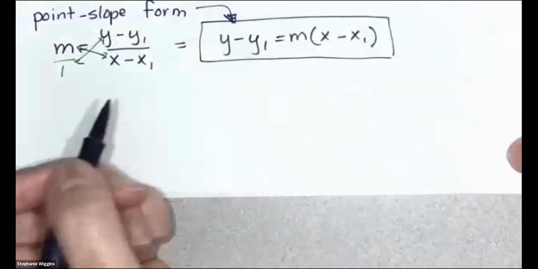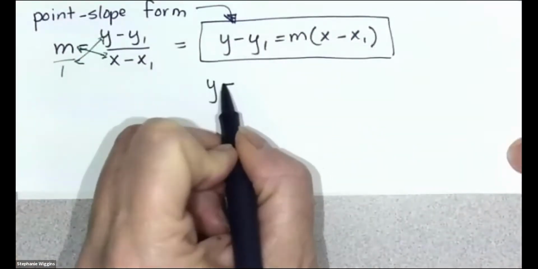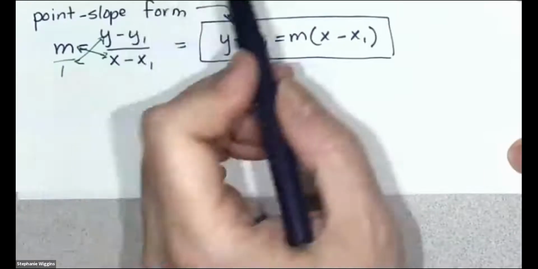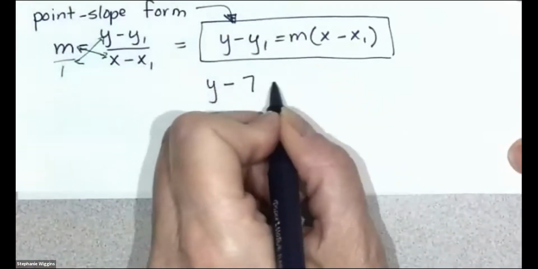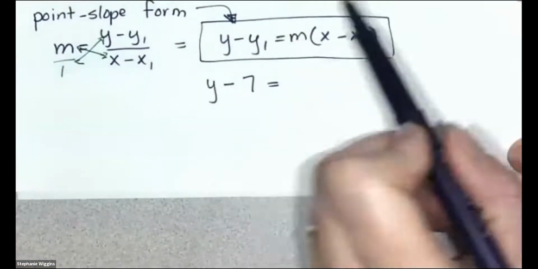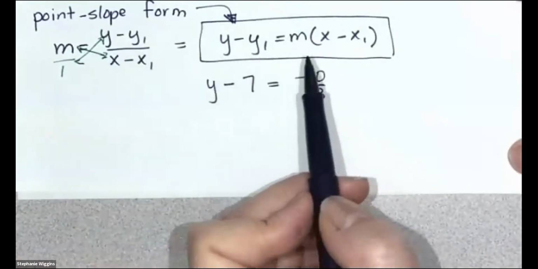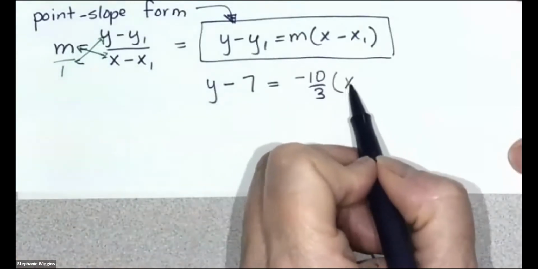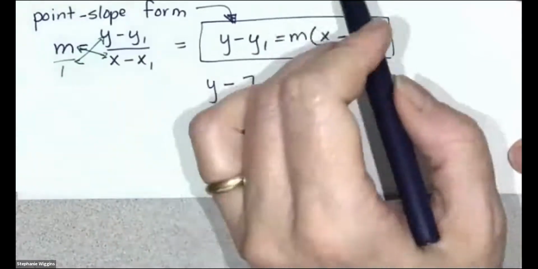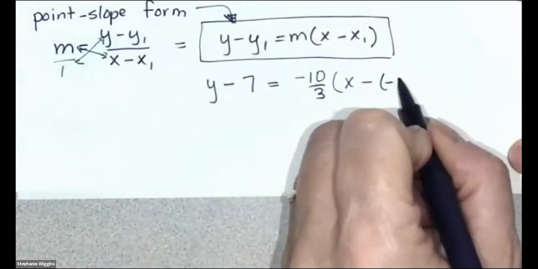So for our example, we have y minus y1, which is 7, equals m, which we calculated to be -10 thirds, multiplied by x minus x1, which is -1.